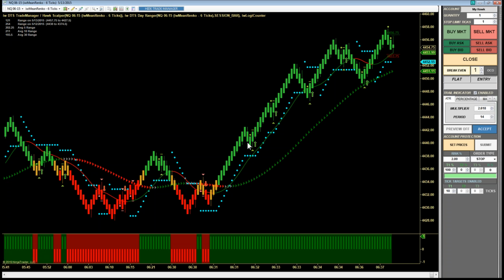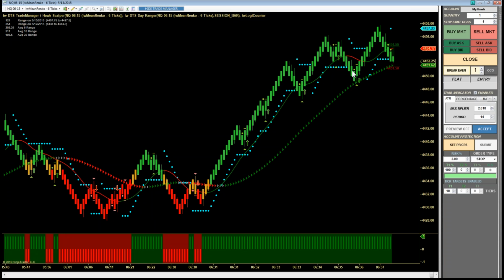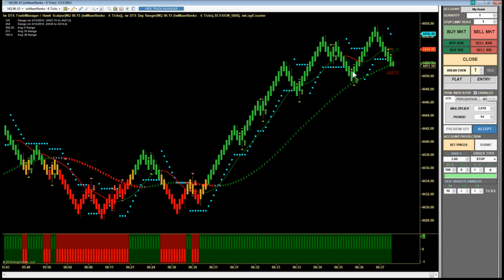Everything is in sync, which means we have green bars, green trend lines, green filter, and a green signal printing. Very, very high probability trade. So the market rallied from there a little bit, came back with a macro pullback signal, another very high probability trade.